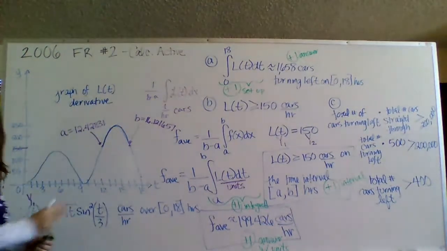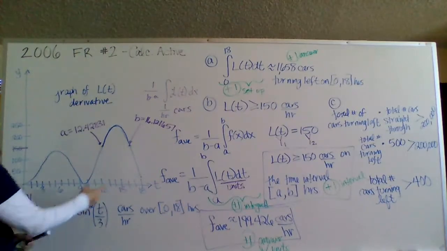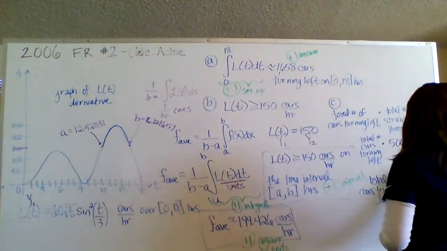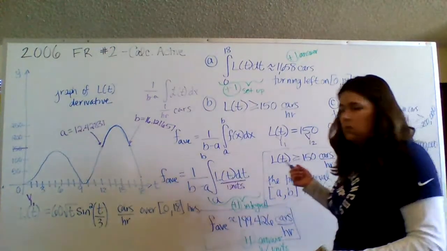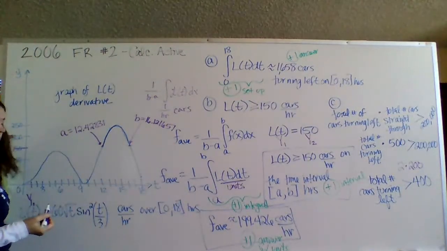And I know it's got to be 2-hour time intervals, so I want a base of 2. If my base is 2, because that's the change of x, 2 times what will give you 400? Wouldn't 2 times 200 give you 400? So I would want the height to be 200.